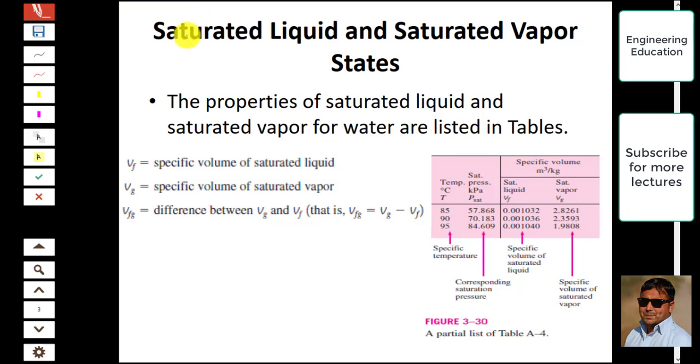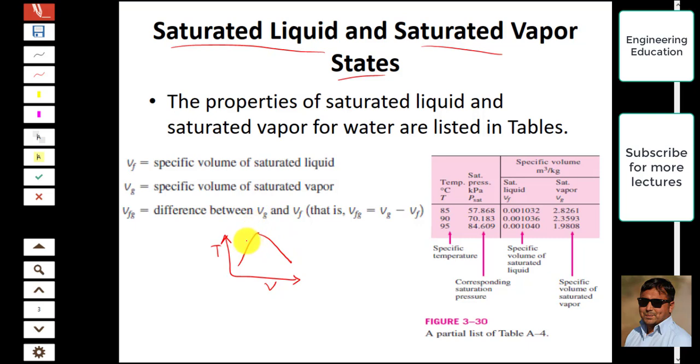So first of all, as discussed in the previous lecture about the saturated liquid and saturated vapor states, we discussed saturated liquid and saturated vapor on the T-v or P-v diagram. This is the saturated liquid line and this is the saturated vapor line.